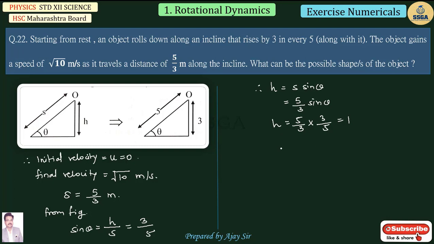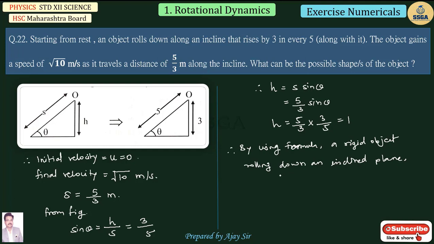So therefore by using the formula for a rigid object rolling down an inclined plane, v square is equal to twice gh divided by 1 plus k square divided by r square.